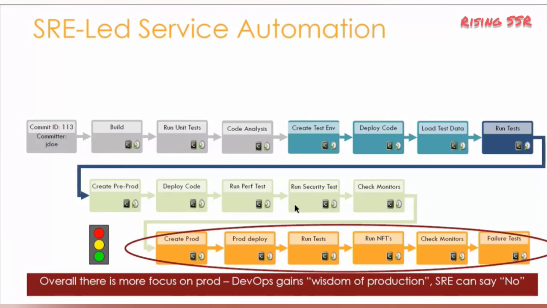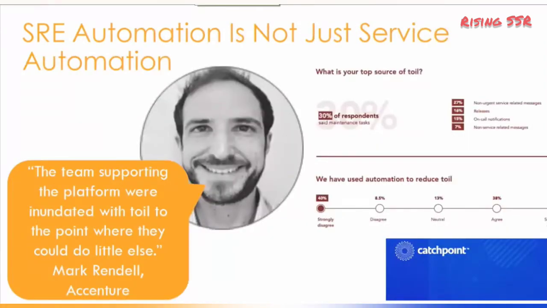Wisdom of production is a very important concept, which you will have only when you have experienced the pain of production. If you have not experienced that pain of production, then you will not be in a position to achieve that wisdom of production. It is not just service automation, it is end to end automation.